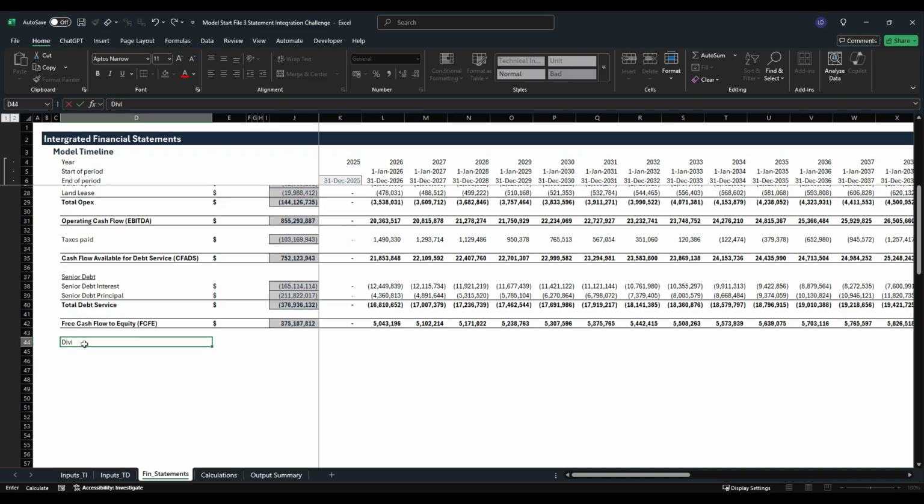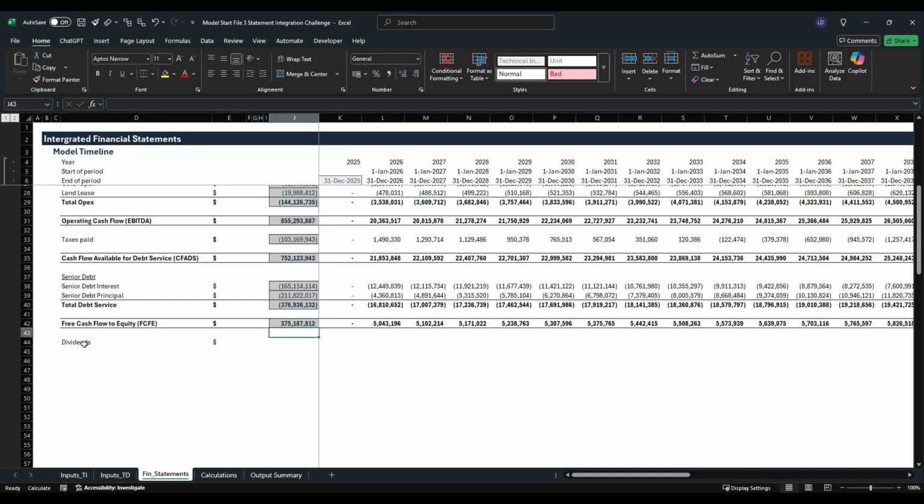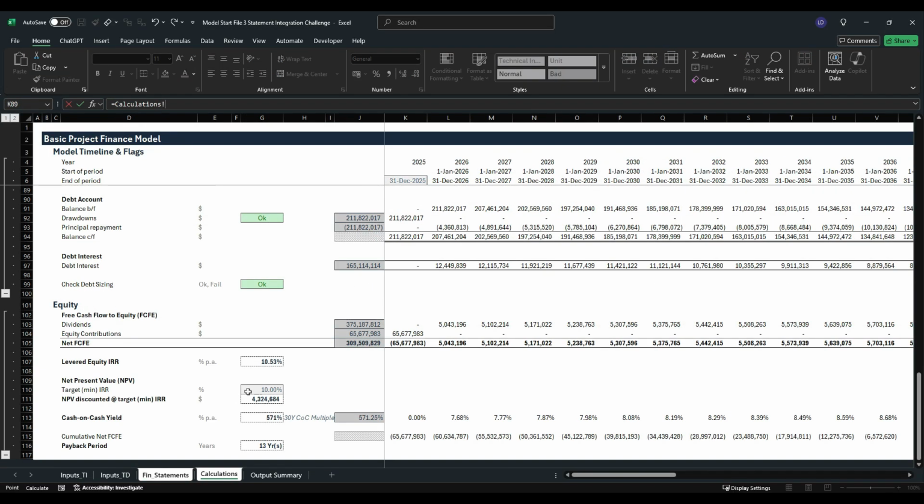Then next we have dividends, which are essentially just distributions to the equity investor. Given in dollar, pick up this row total here. And since the dividends flow out from the SPV to the equity investor, let's make sure we model them negative.